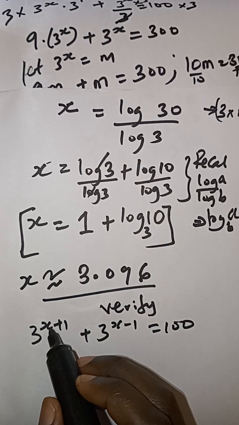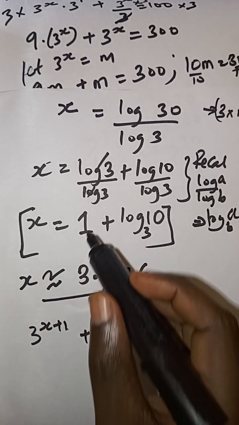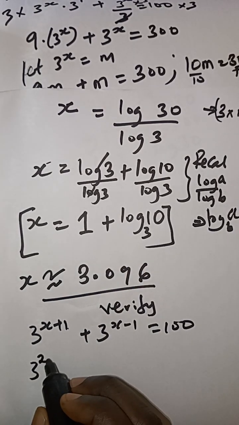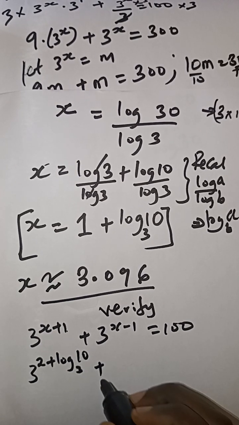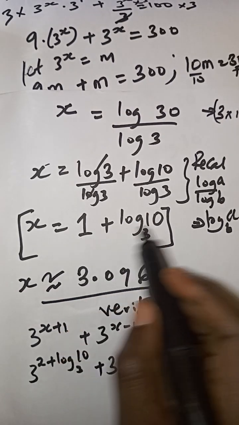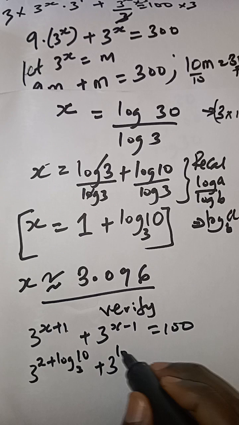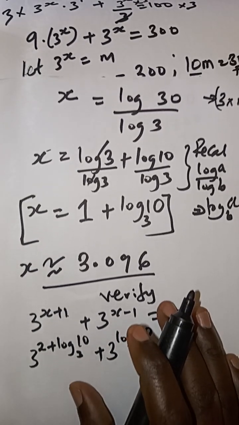So taking x as the whole of this, I'm going to get 1 plus that 1. So this, I'm going to end with 3 raised to power 2 plus log 10 base 3 plus, of course, 3 raised to where there is x, I substitute this. So this 1 and this 1 are going to cancel. Then I'm going to remain with that, which should give me 10.